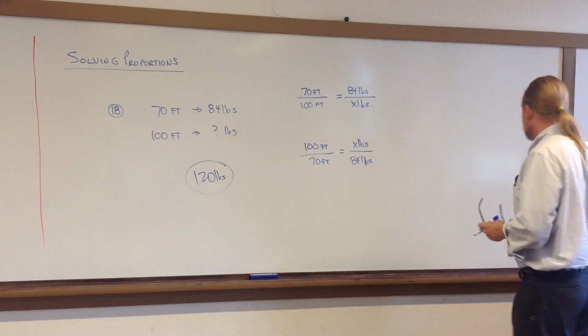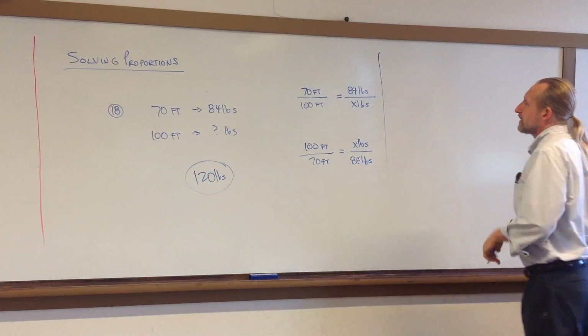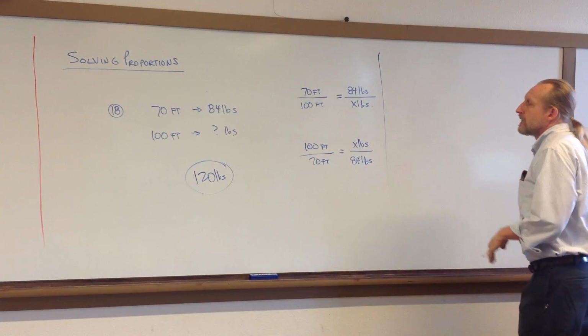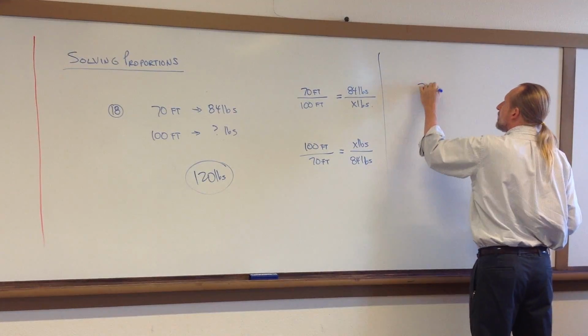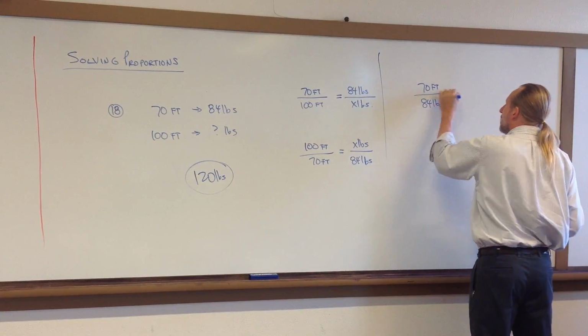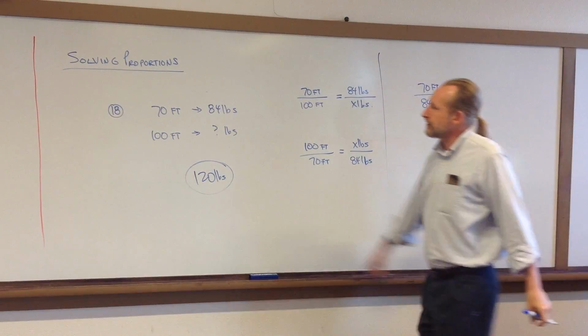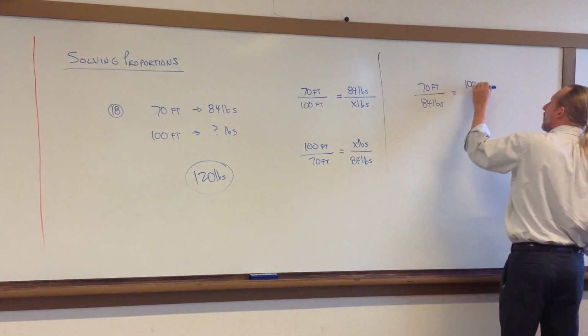and I've matched the pounds up in the same proportion. We can do this a little bit differently and still get the same correct answer. Now this, setting it up this way says, well, we know that 70 feet weighs 84 pounds. And then the question is asking us, how much is the 100 feet going to weigh?